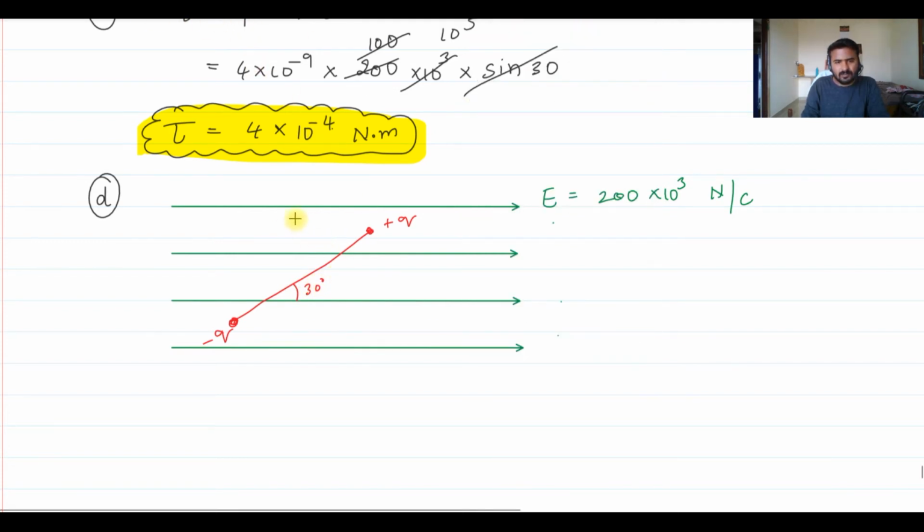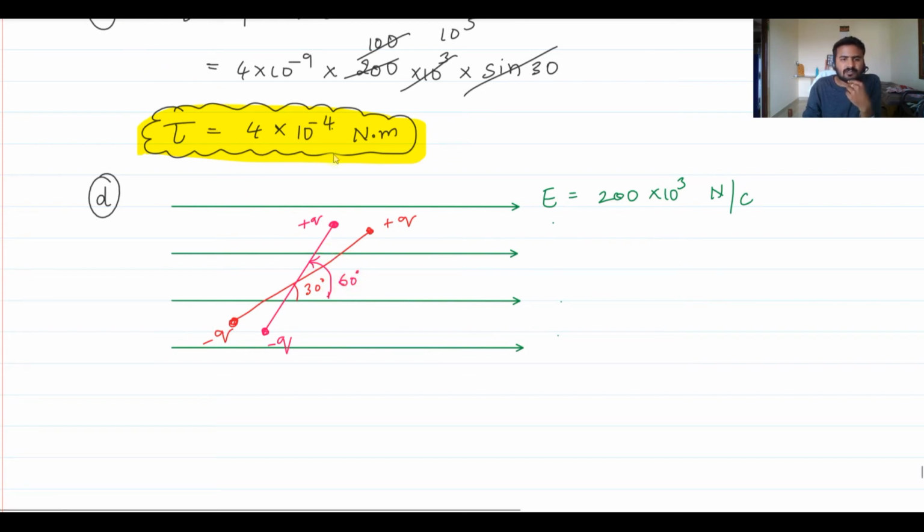That means finally the dipole will be making an angle of 60 degree. Plus q here, again minus q.